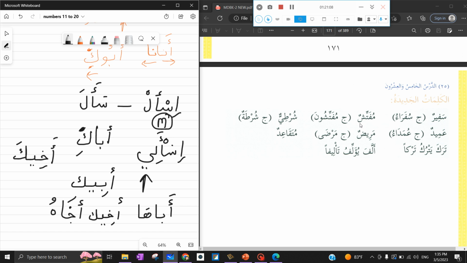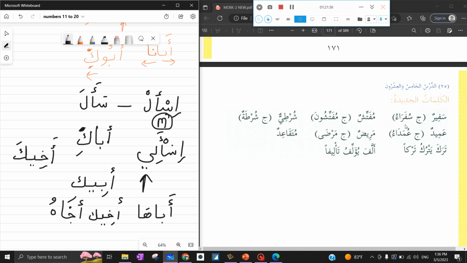Mufattishun, advisor or supervisor, something like that. Mufattishun, it's a simple jama muzakkar. Shurtiyu, shurtatun, policeman.